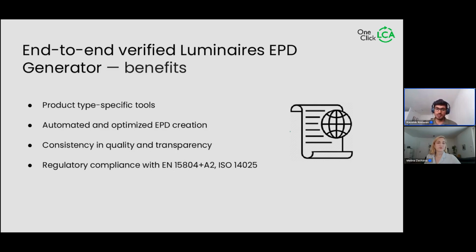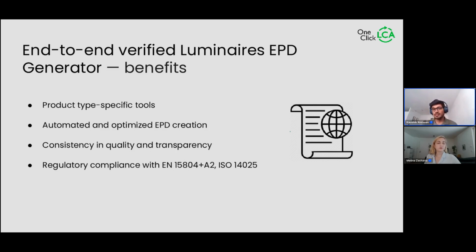There's also consistency in quality and transparency, because there's no longer a problem of whether a particular manufacturer is following a certain end-of-life stage to model their products. It might be that some want a 95% recycle rate, some want 100. Now that discrepancy can be removed because the end of life here is based on a specific standard.